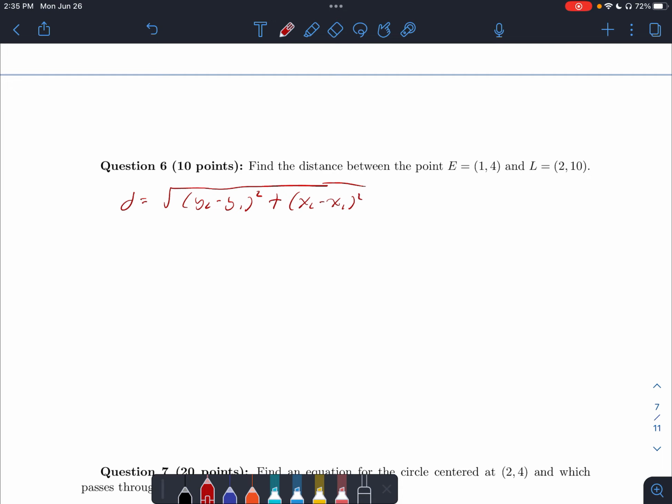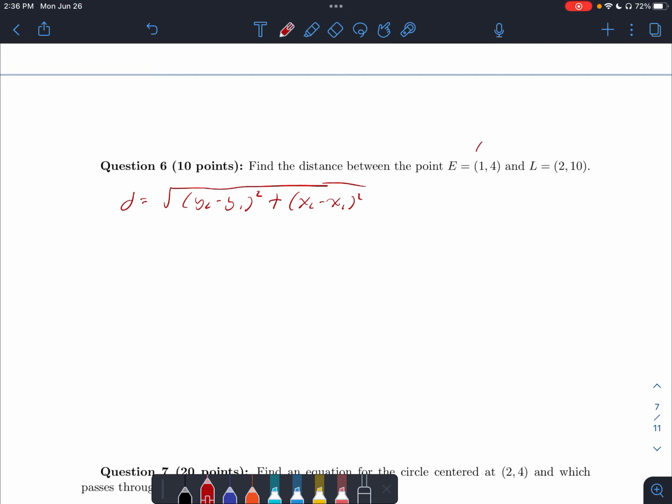Okay? So we can decide which point is which, and we can plug in our points for each value here.